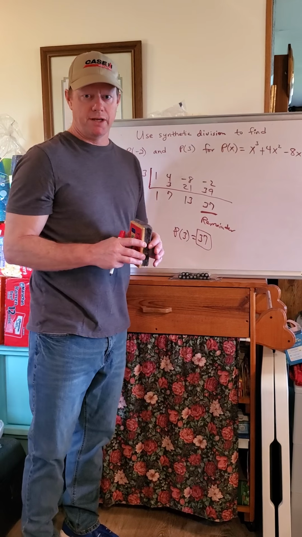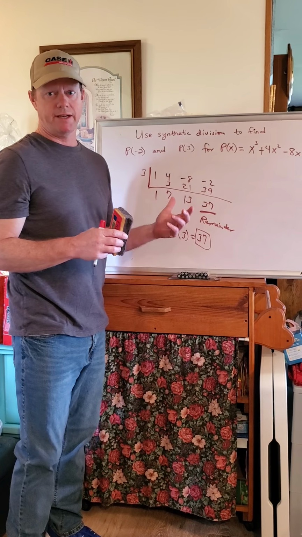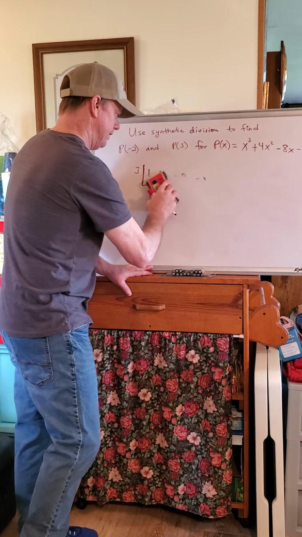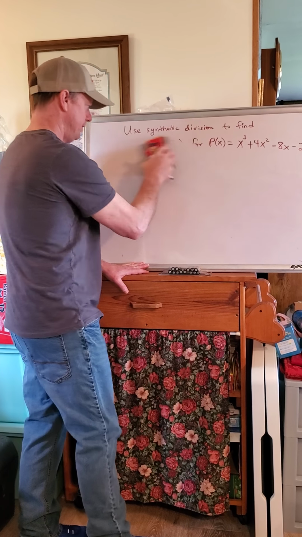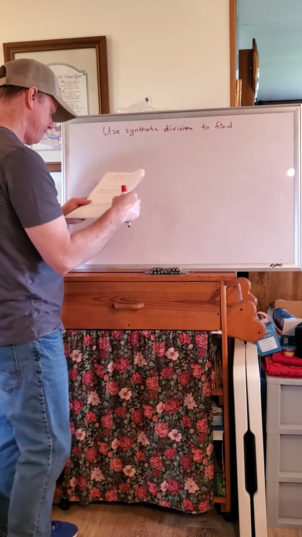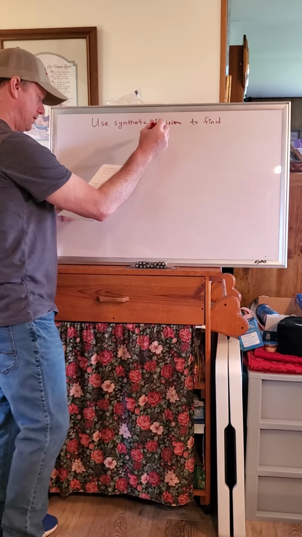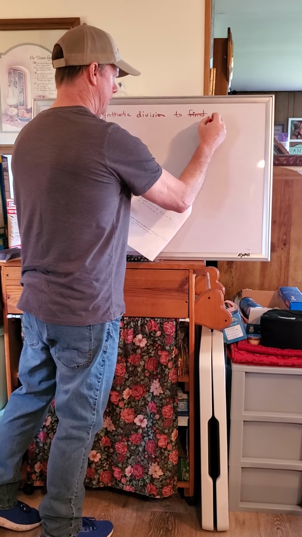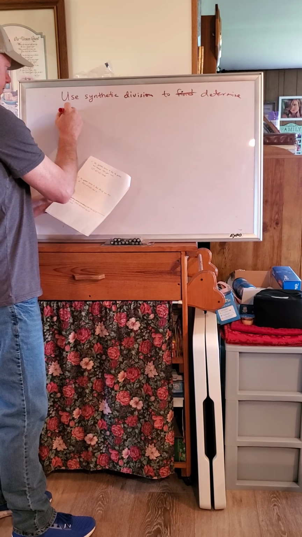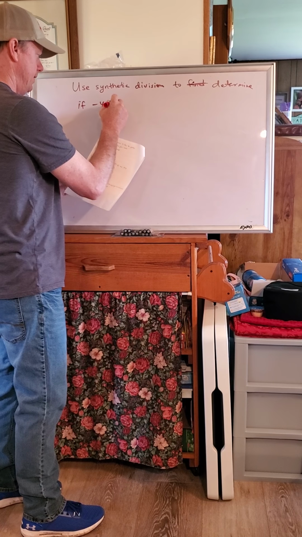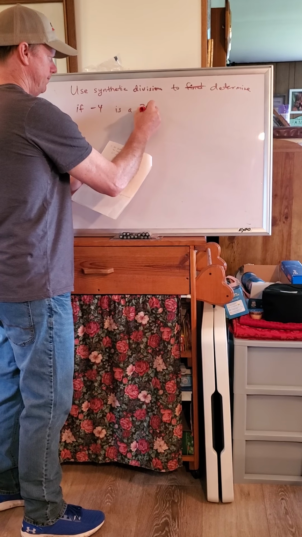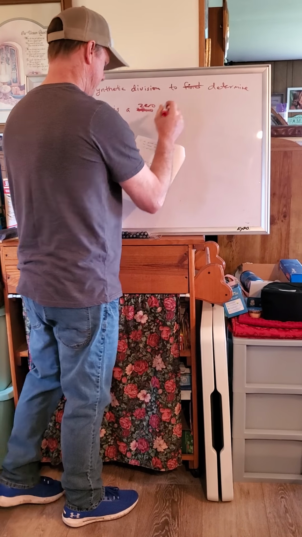And then the other thing I was wanting to show you today, a second application of synthetic division, is it will also tell you if a number is an answer to the equation or not. And what I mean by that is they'll say use synthetic division to determine if -4 is a zero of this function.